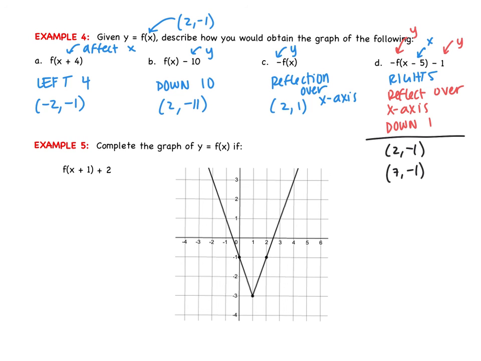Then we deal with the negative out in front, which affects y. That changes the value of y. So then this will become 7, +1. And lastly, we would go down 1. So that y value would become 0. That 7, 0 then is our new point.